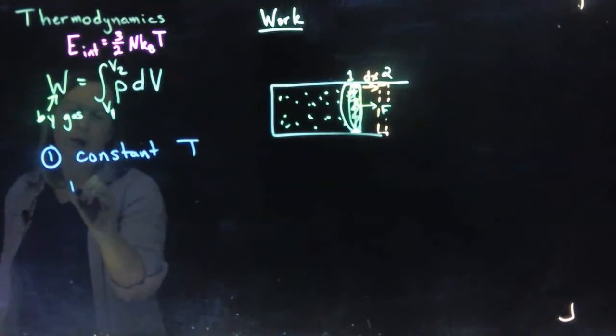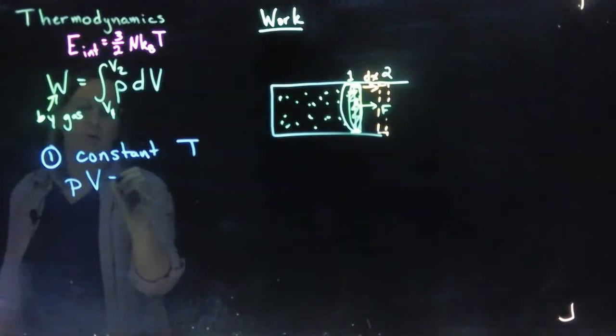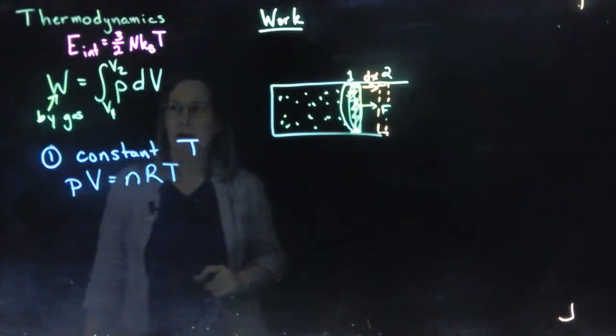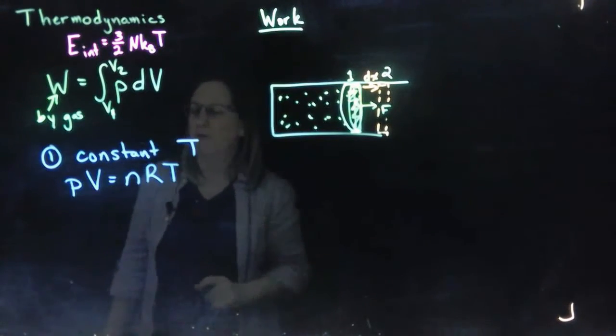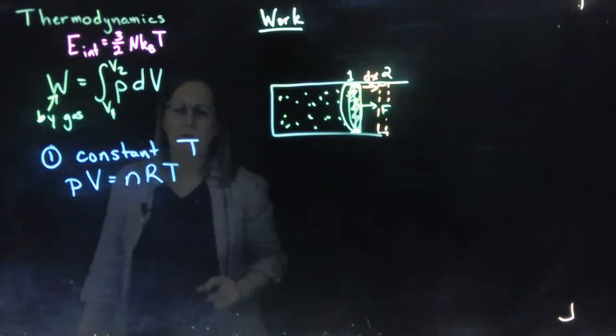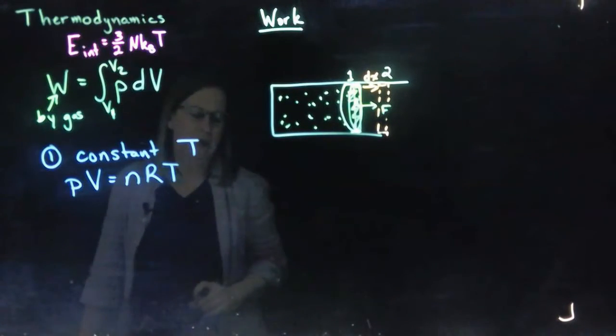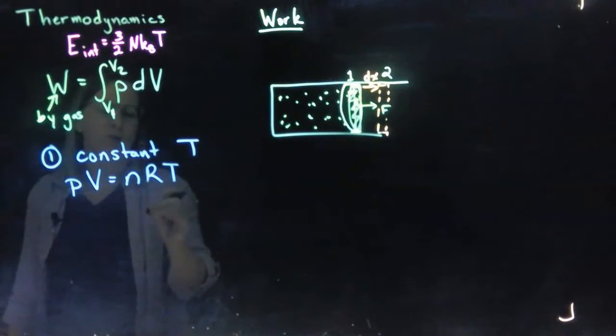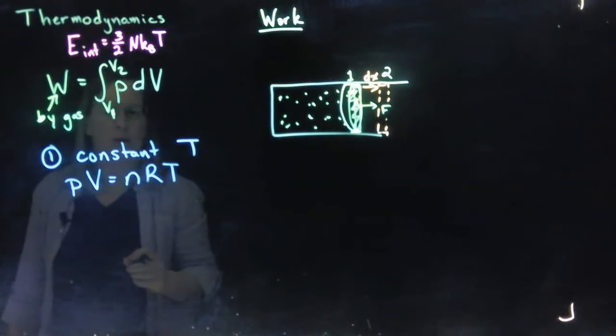So we'll use PV equals nRT, and we're going to be using this a lot, so keep this handy. I should probably list it as one of our important equations, but you know this, or capital N kBT. Either way, I'll use it in this notation because you're probably more familiar with it like this.